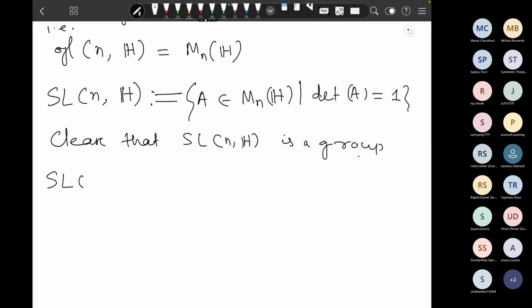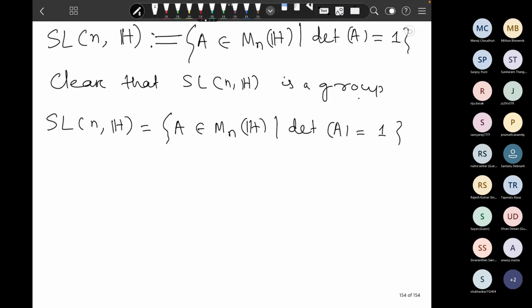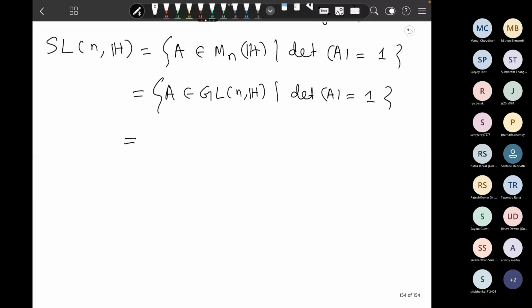So SLnH is equal to A belongs to MnH with determinant of A equal to 1, the same thing as A belongs to GLnH with determinant of A equal to 1. Now I can write this in the complex setup: A belongs to GL2n(C).